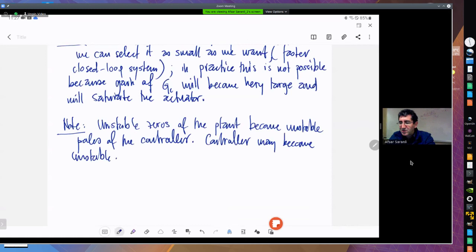Now that's also an interesting concept, because it's like part of the system becoming unstable. What does that mean? That means that overall system behaves in a stable manner, but the controller becomes unstable, meaning its output may diverge. If the output diverges, for example, it becomes very large, it's going to saturate the actuator.